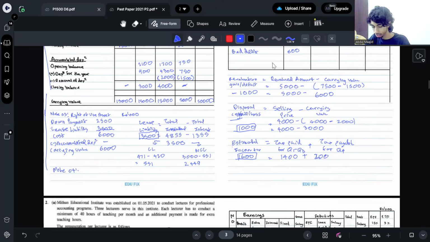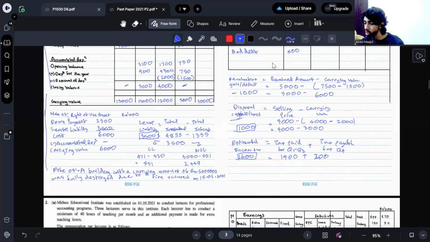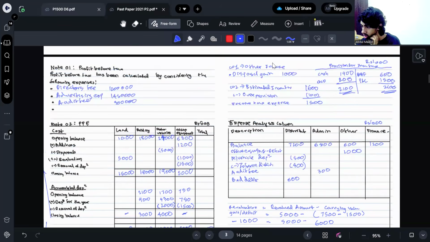Note number 4, you can say a building with a carrying amount of rupees 5 million was fully destroyed due to a fire that occurred on 15th April 2021. Okay, so then that is done.